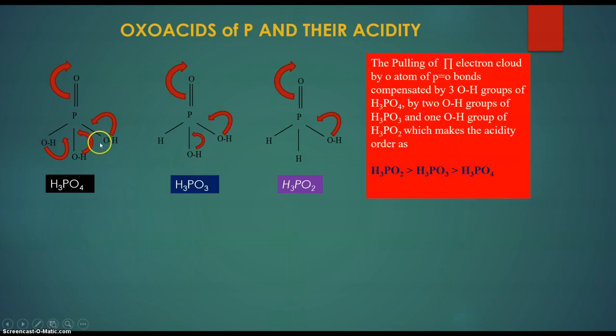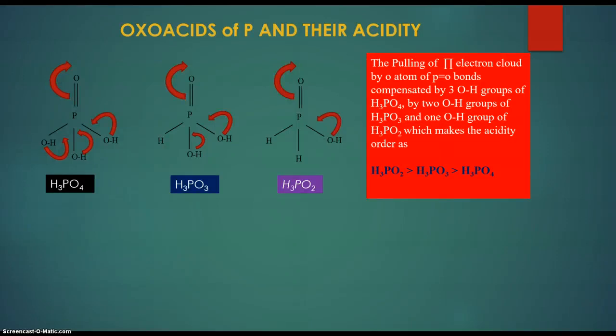Here the oxygen atom is connected with phosphorus by a double bond in each of these structures. Oxygen, being electronegative in nature, will pull the electron cloud towards itself and cause an electron deficiency in this phosphorus atom, as I have shown.